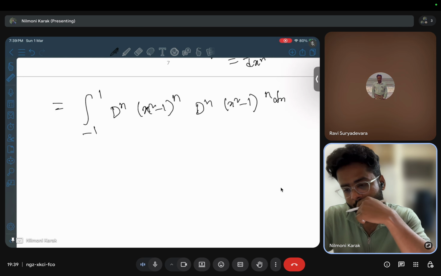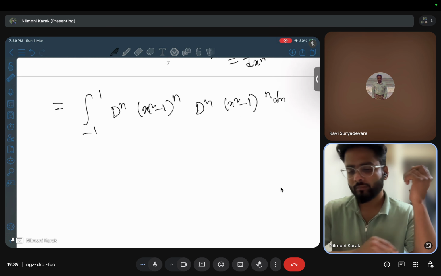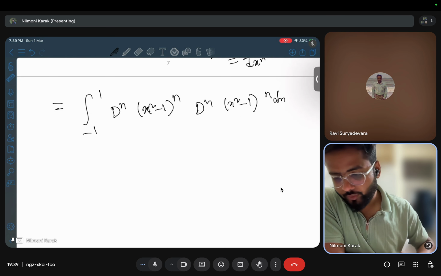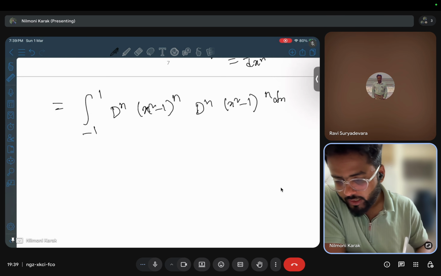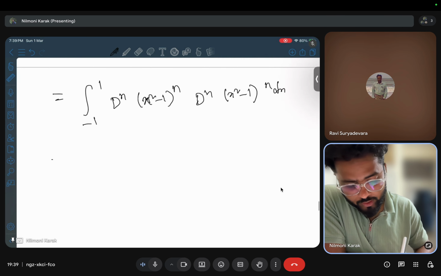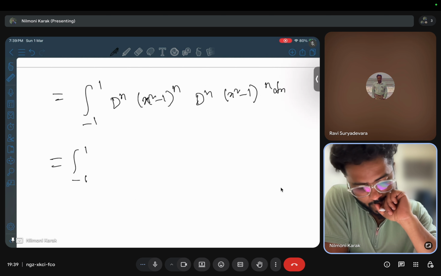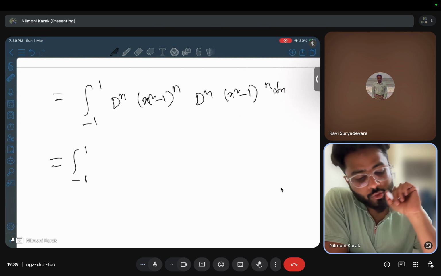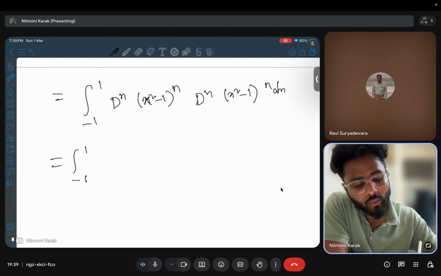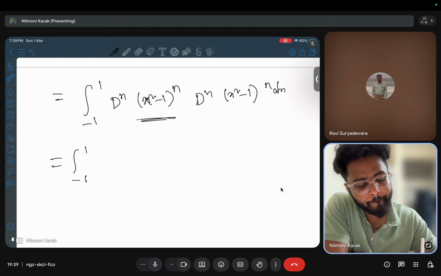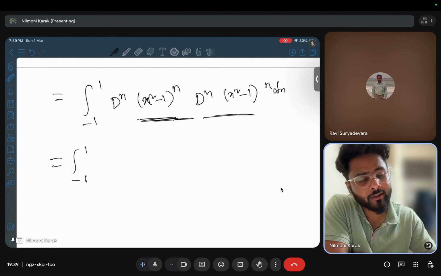How to do it? So this is equal to the integral from minus 1 to 1. You have to integrate once and differentiate once, right?